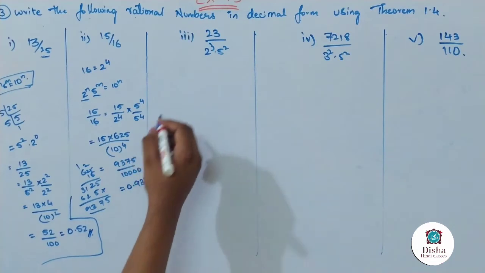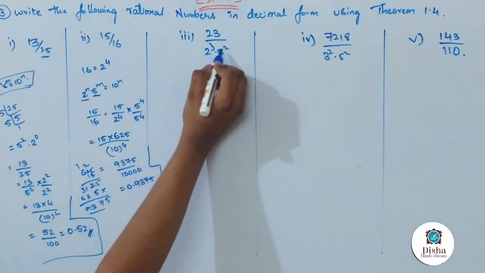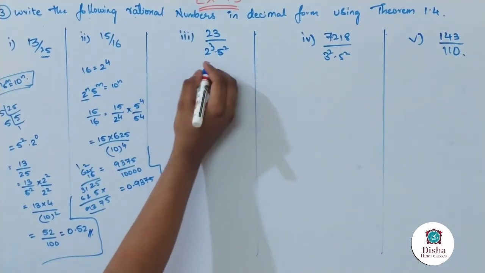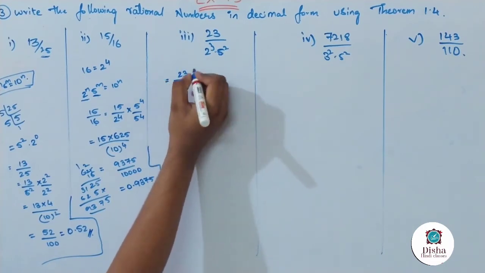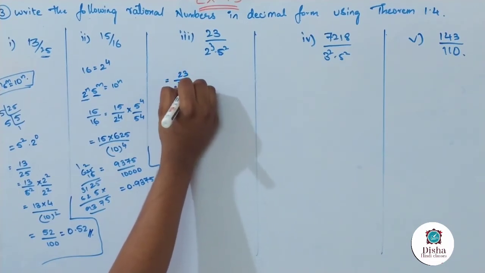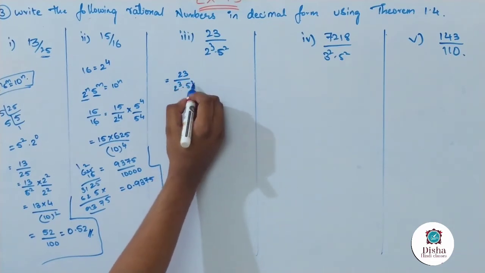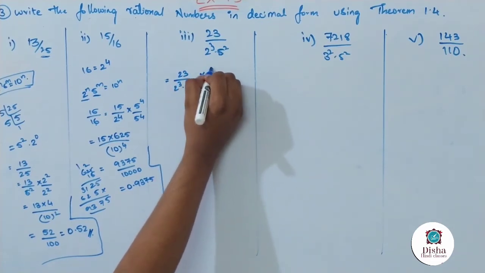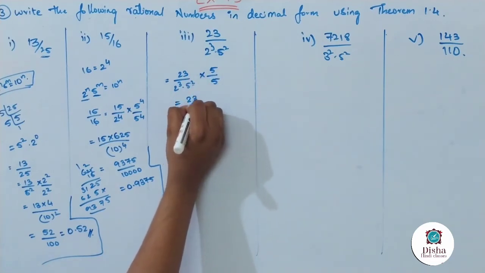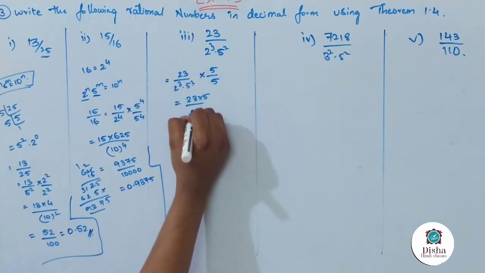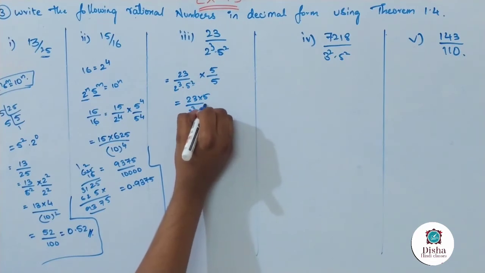Now the third one, what we have, 2 cube into 5 square. So 23 gets divided by 2 cube into 5 square. So now we have to multiply 5 on the numerator and on the denominator. So what we get is 23 into 5 by 2 cube into 5 cube.